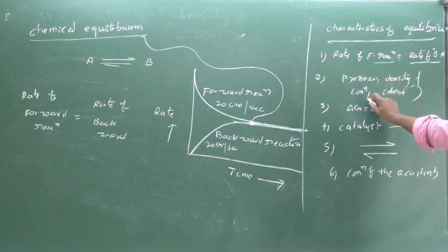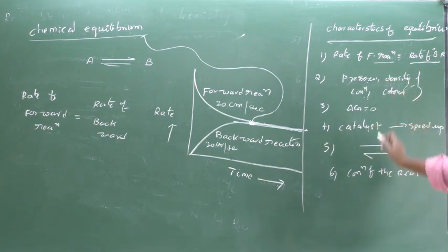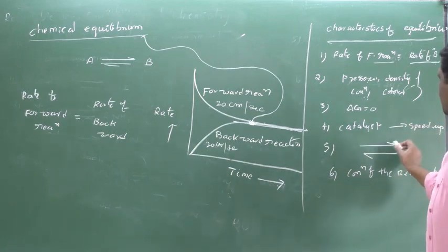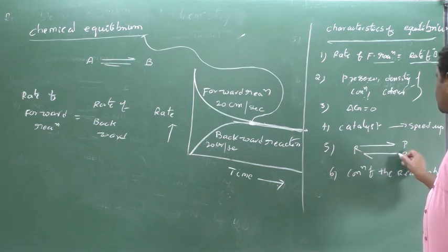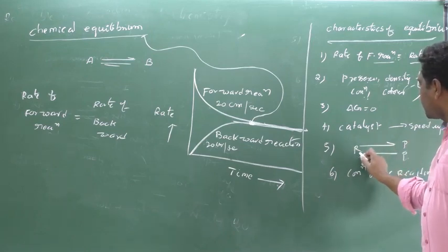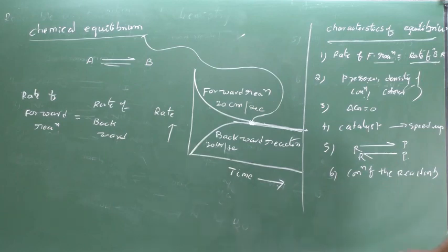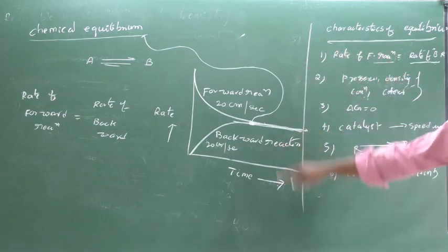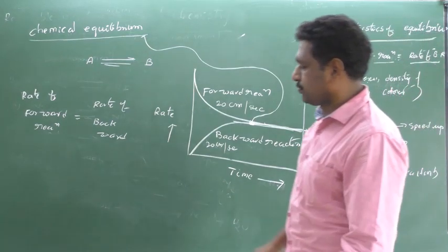Pressure, density, concentration, color do not change, and delta G is equal to 0. And a catalyst speeds up attaining equilibrium but does not alter it. It can take place from reactants to products, or sometimes from products to reactants. And the concentration of the reactants and products remains unchanged during chemical equilibrium.